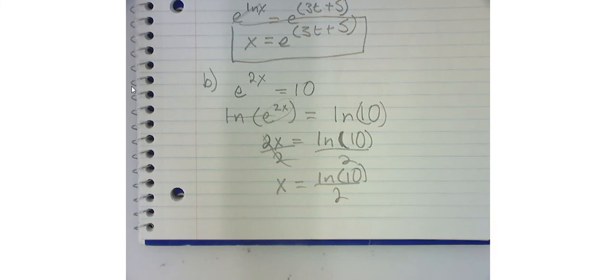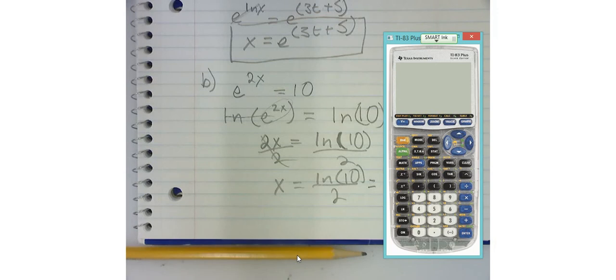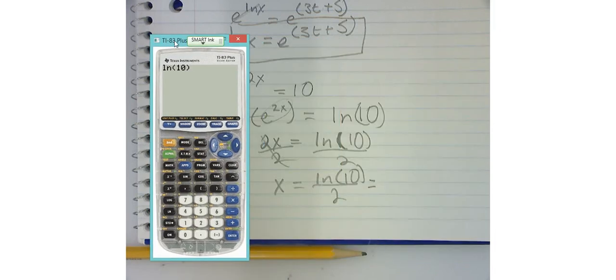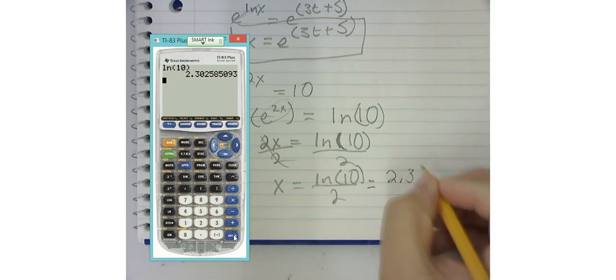And remember that the natural log of 10 is a number, so if I pull up my calculator and take the natural log, which is ln right here, the natural log of 10 is approximately 2.303.